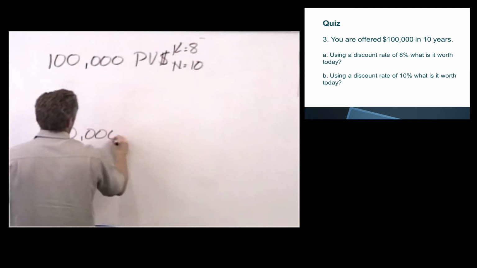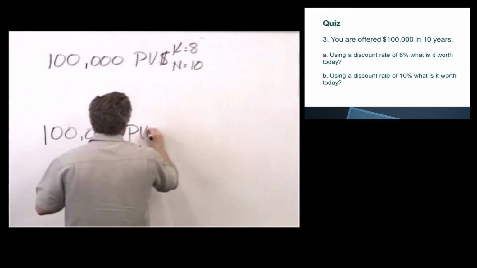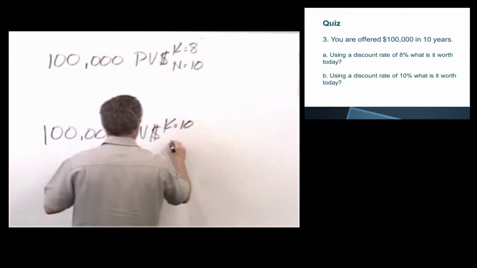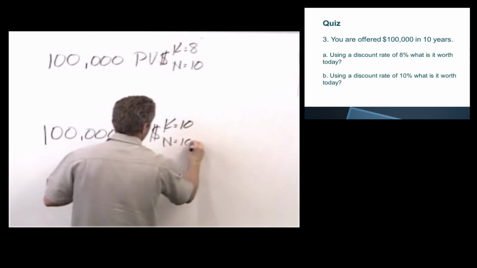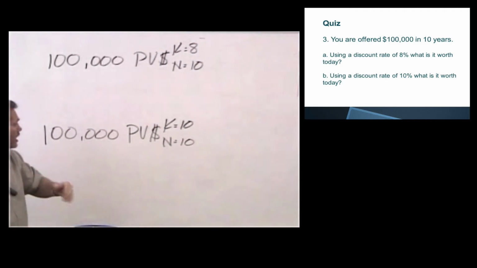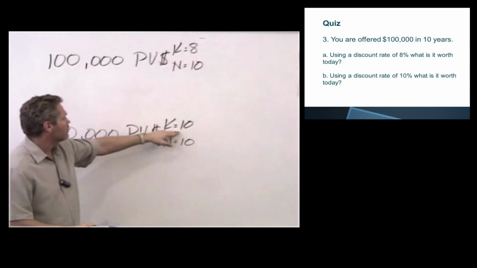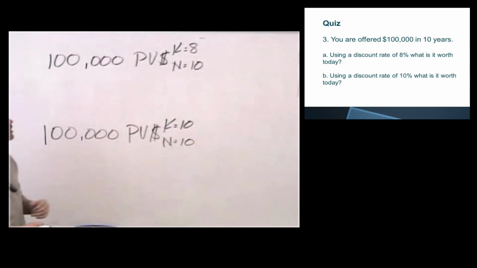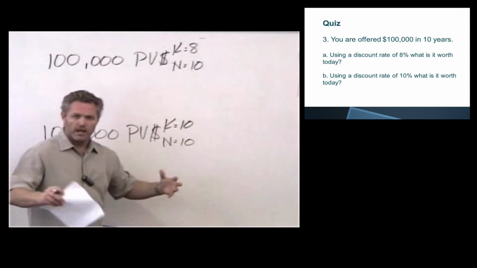and $100,000 present value of $1, K equals 10, N equals 10. Now, when we're discounting and coming back in time, the bigger the number for discounting, the smaller the number is going to be. So it's kind of like walking in, like we talked about before.